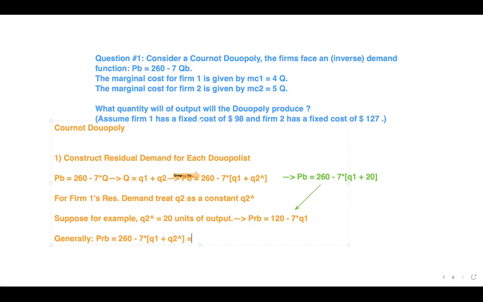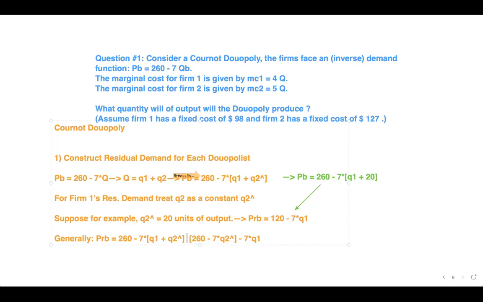And you could rewrite this and it would be fine, but notice you're going to have this intercept term, and this is the important part. 260 minus 7 times Q2 hat is going to be the new intercept term, minus 7 times Q1.